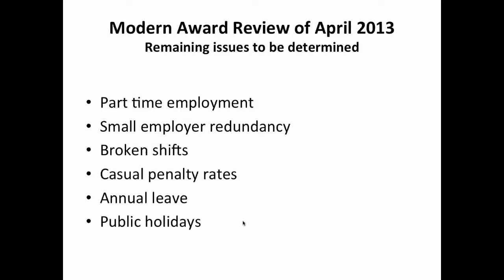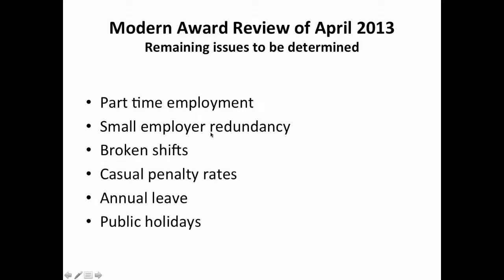Now, the modern award review of 2012, these issues have yet to be determined, but in terms of part-time employees, the ASU's application seeks to put some minimum engagement periods very similar to the casual, so that would be a 3, a 2 or a 1 hour minimum engagement period around part-time employees that currently don't apply but do apply for casuals.